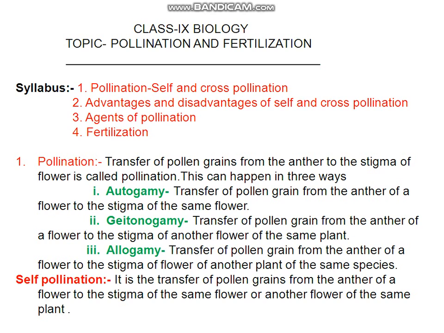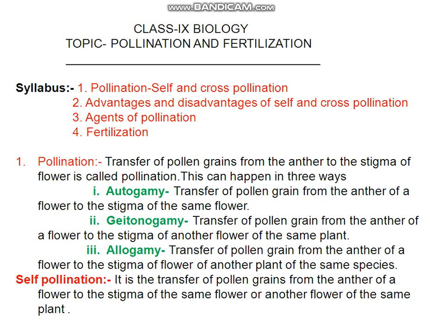That means transfer of pollen grain can occur from a flower to the stigma of the same flower. This is called autogamy. When the pollen grains transfer from the anther of a flower to the stigma of the same flower, that means in case of a bisexual flower, it is called autogamy.